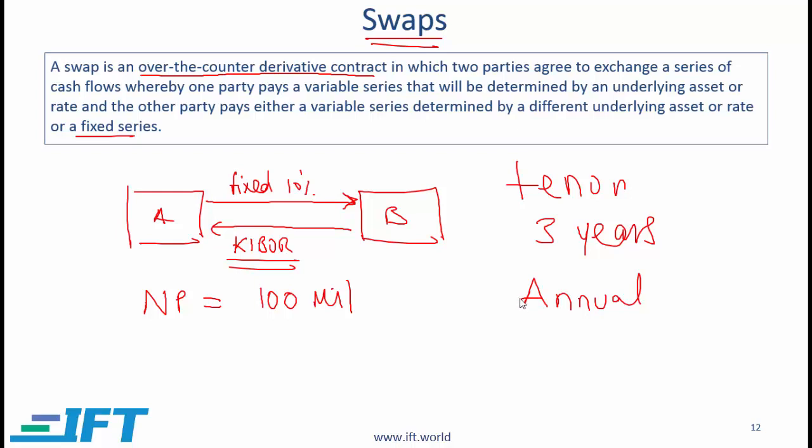Both parties could also agree that the payments will be quarterly. That really depends on the two parties. Notice that this is an over-the-counter contract, which means that it is customized per the requirements of A and B. That is all I will say over here because this is material that you will see in more detail later.